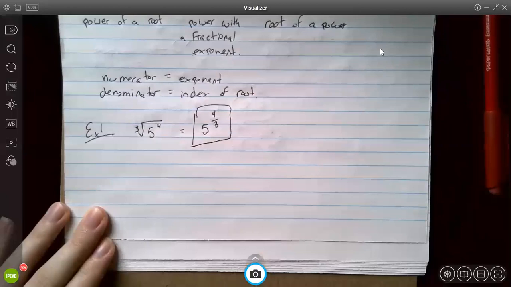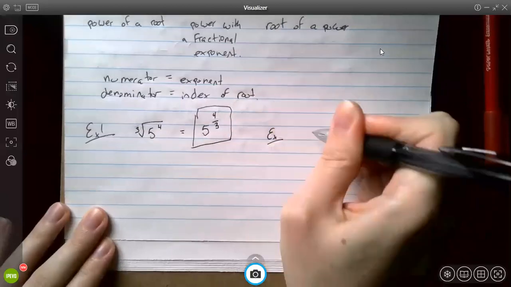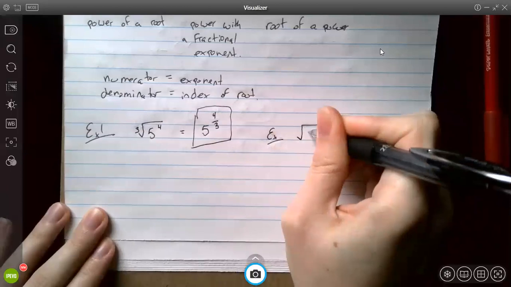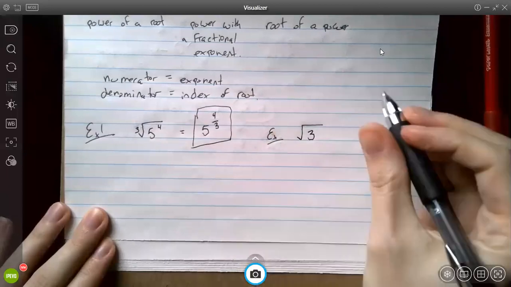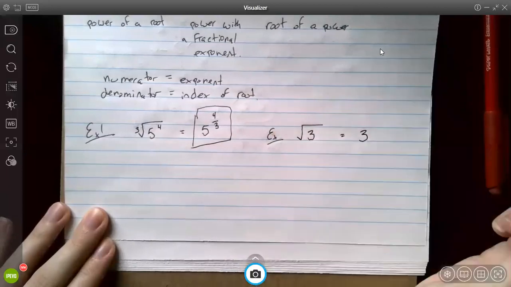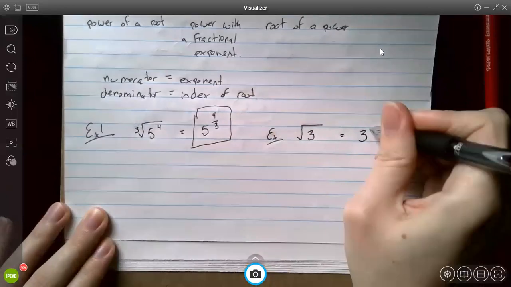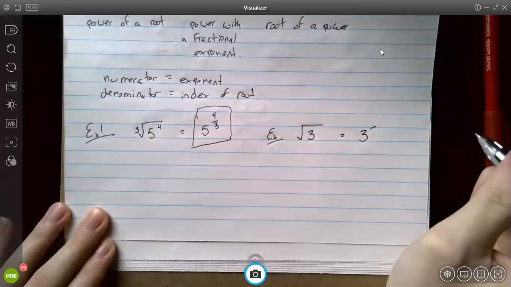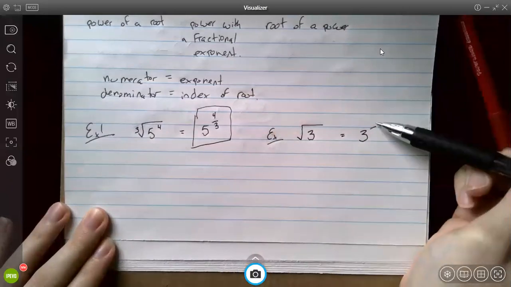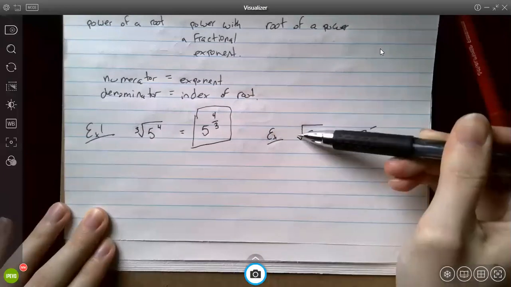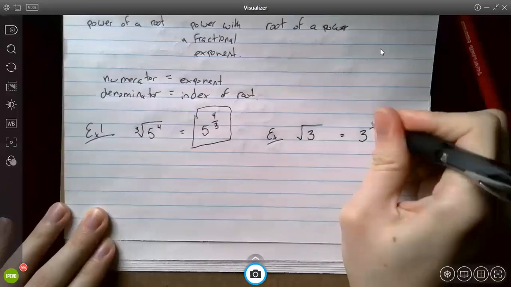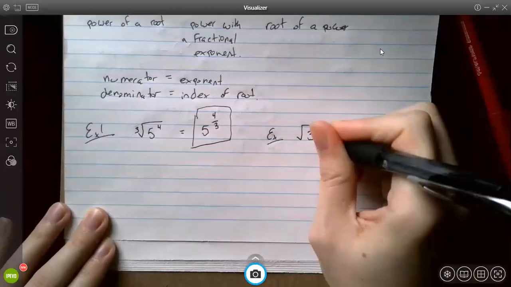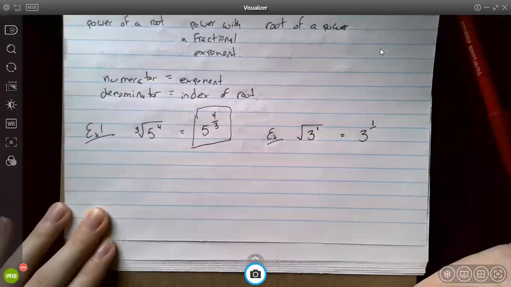Okay, you might also sometimes see a root that does not appear to have any numbers other than the base. Once again, I'm going to keep that base as my big number. This time, my fractional exponent, the numerator is whatever the exponent is in my radical. And because there is no exponent visible, really it's an imaginary 1 that we could draw in there, because 3 to the power of 1 is the same as just saying 3.